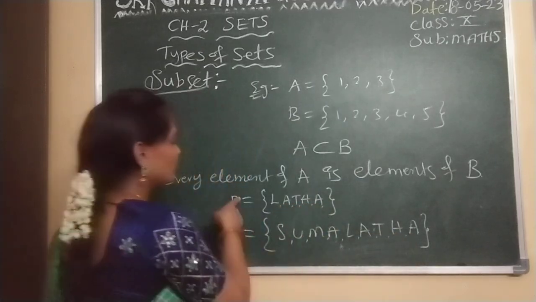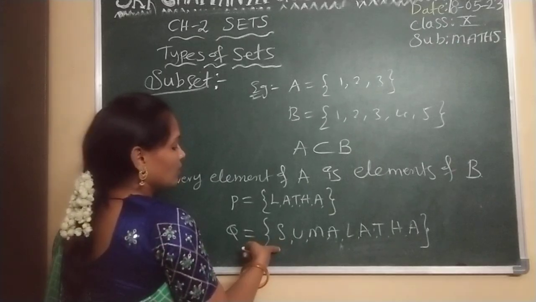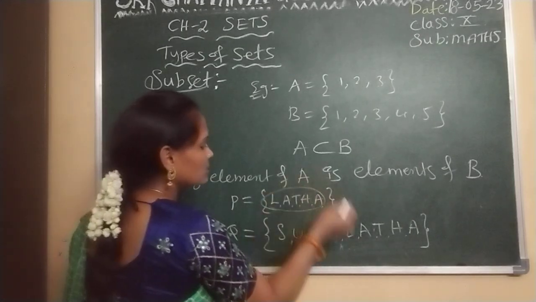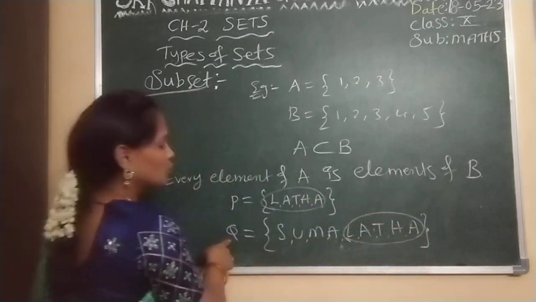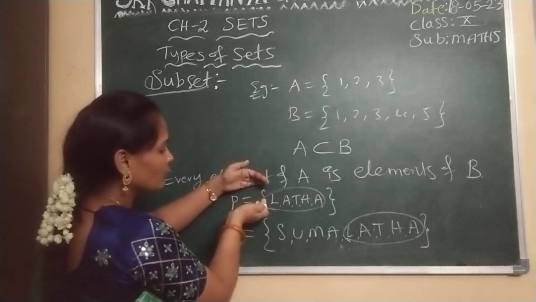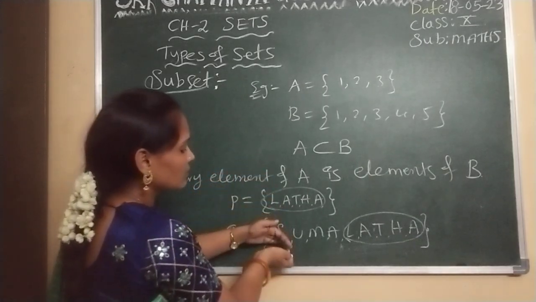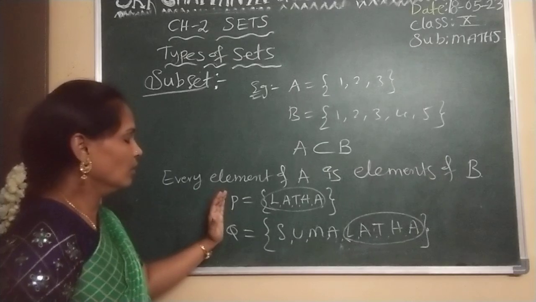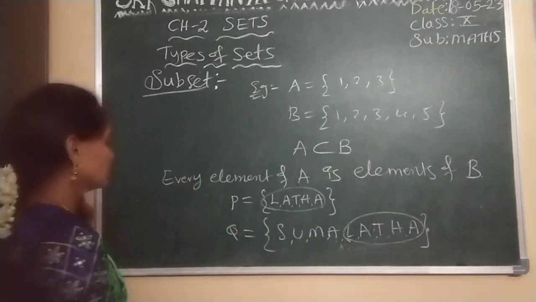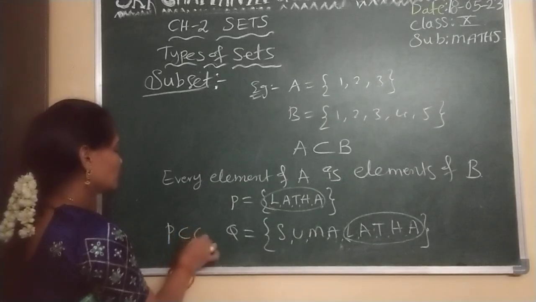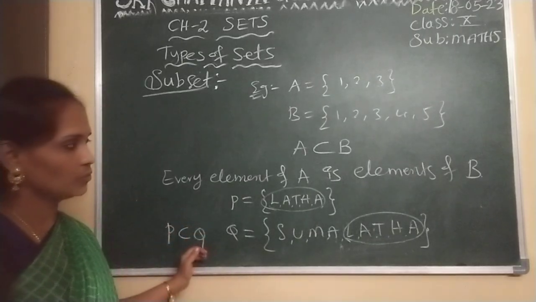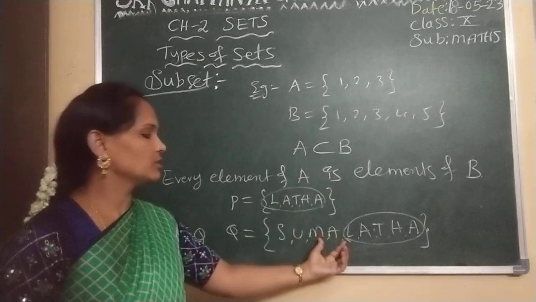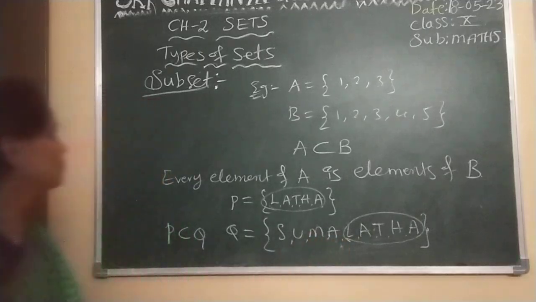Every alphabet of P is also there in the set Q. Yes or no? See, all the alphabets of Lata are there in the set Q. So this type of sets we can call P a subset of Q. Why? Because every alphabet is there in the set Q. Okay, this is about the subset.